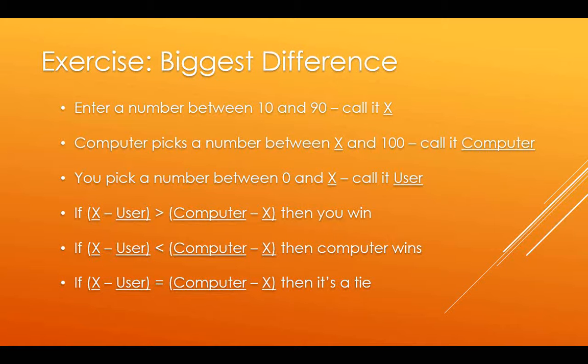You pick a number between 0 and x, and then you do these 3 formulas below, or checks, to see who has the greater value, who managed to get the biggest difference between the initial value and the second value. Okay, so fire away.